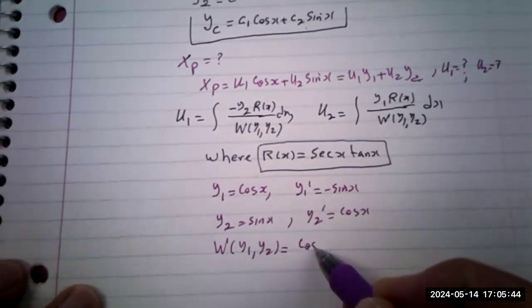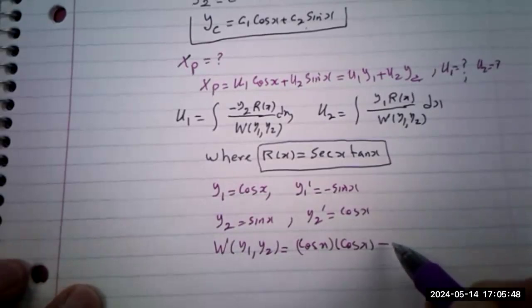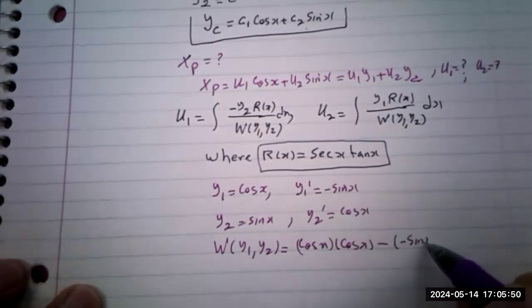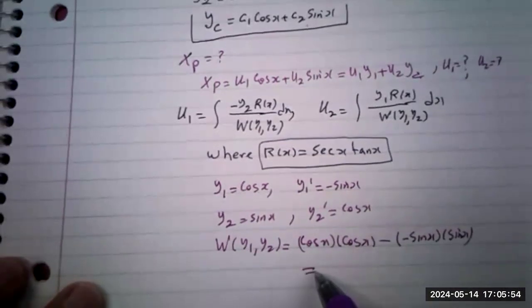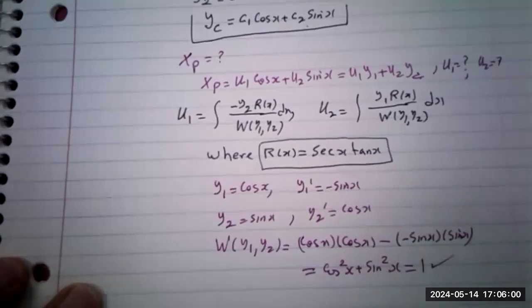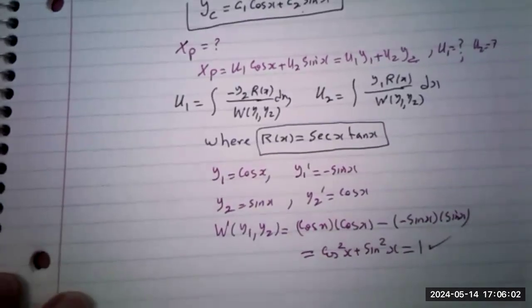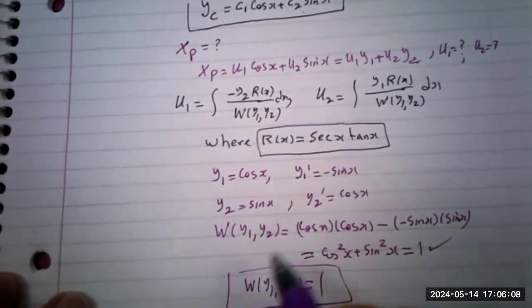That gives you cosine of x times cosine of x minus negative sine x times sine x. So that gives you cosine squared of x plus sine squared of x, which is equal to 1. The Wronskian is equal to 1. It must be a non-zero number to be able to do it. So that's going to be your Wronskian.